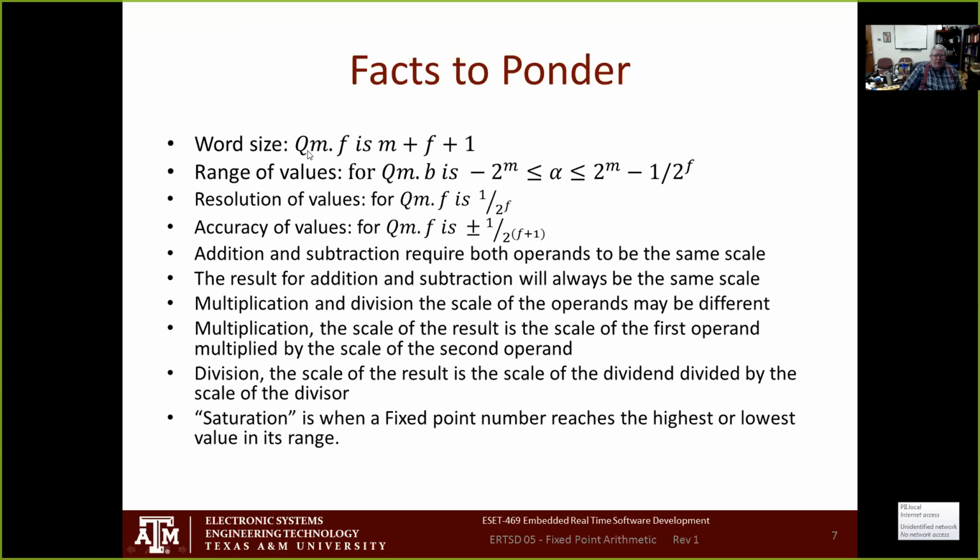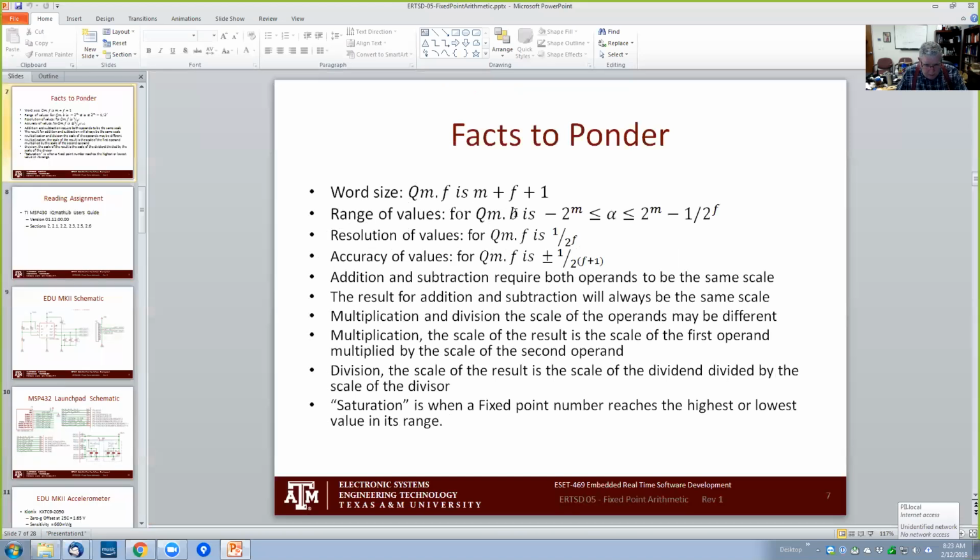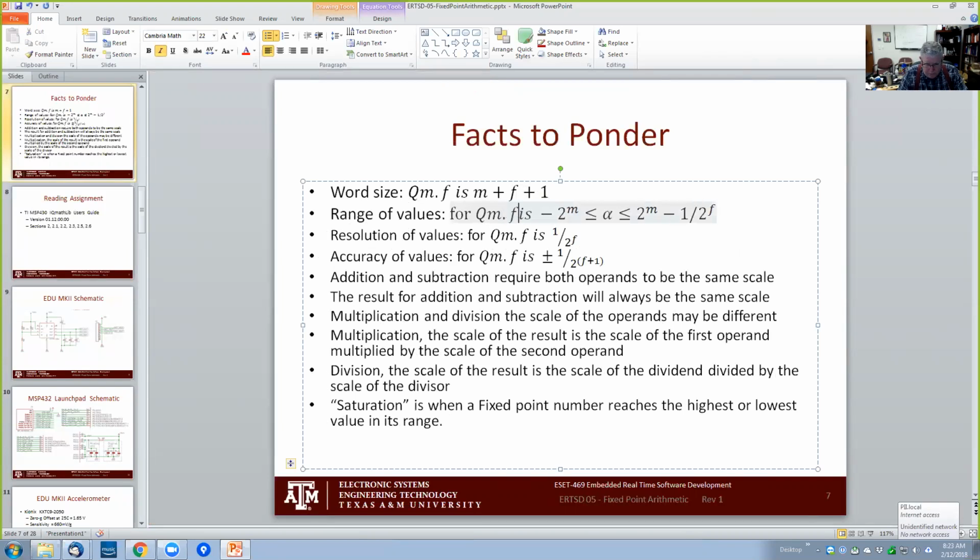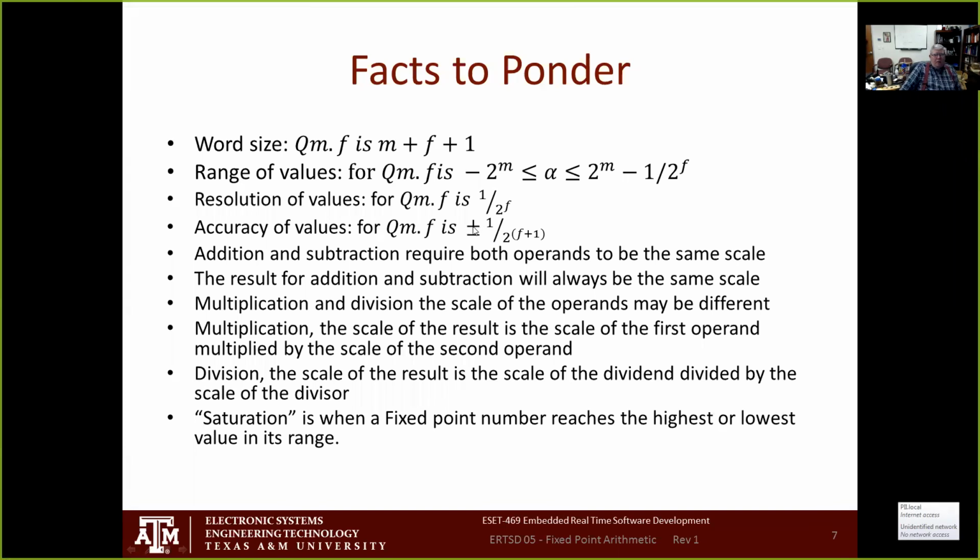So what values can a Qm.f hold? So the range of values, oh, that's a typo. That should be an F. So the range of values for this value is going to be, the smallest value that this can take on is minus 2 to the nth power.